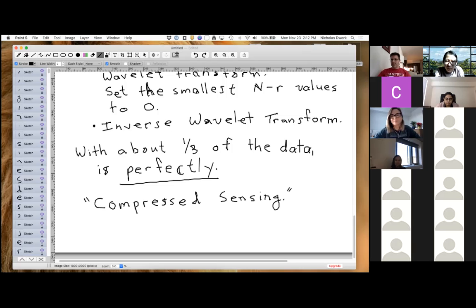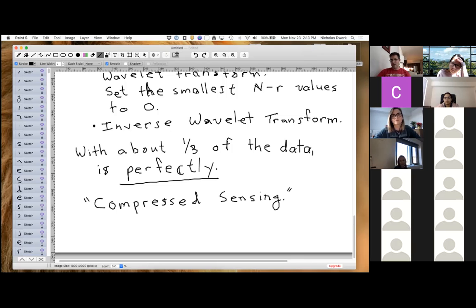I've skipped over a lot. There's a whole body of literature on this now, like tens of thousands of very deep papers. For example, I said with about 1/3 of the data, the reconstruction is perfect. That's approximately true. The real answer is with about 1/3 of the data, the reconstruction is probably perfect.